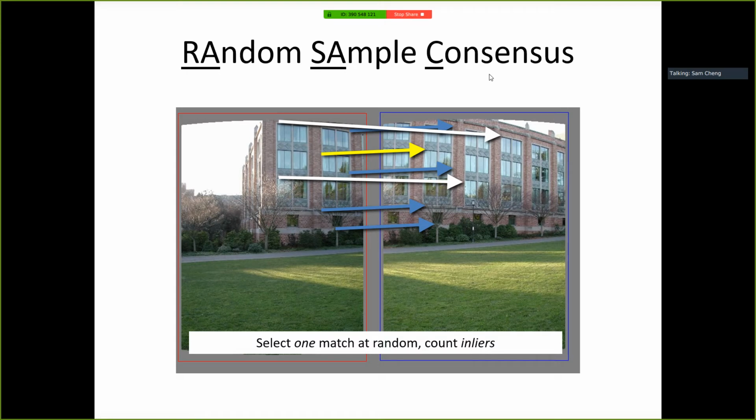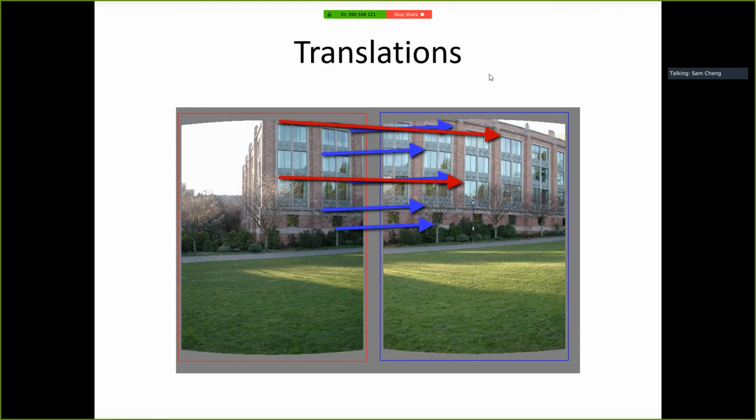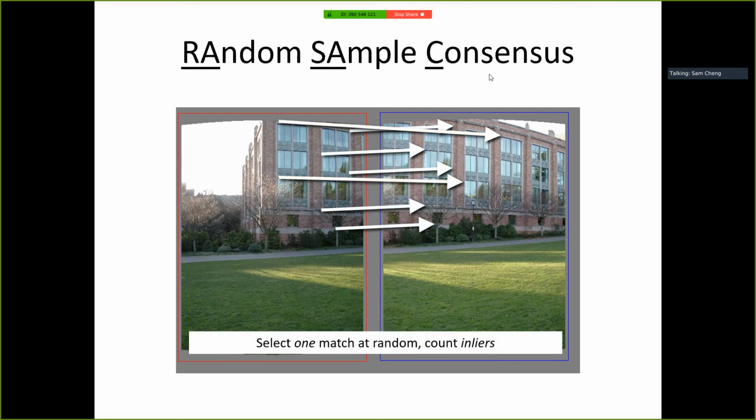So this is just a simple illustration, right? Let's say I have all these matches here, and I try to form a translation, so I just need one match. Let's say I take this one and build a model. I just need one match to build a model.